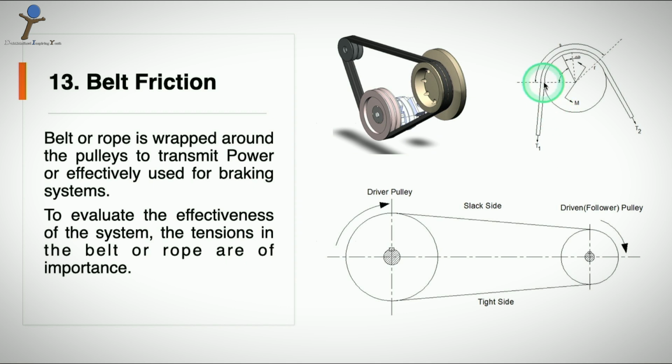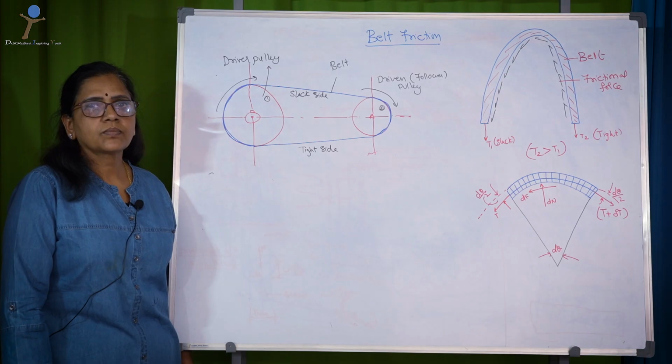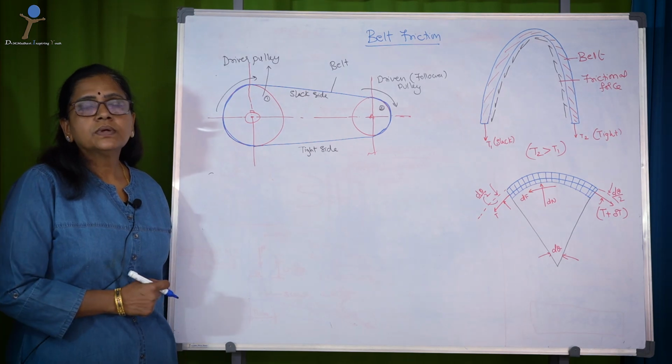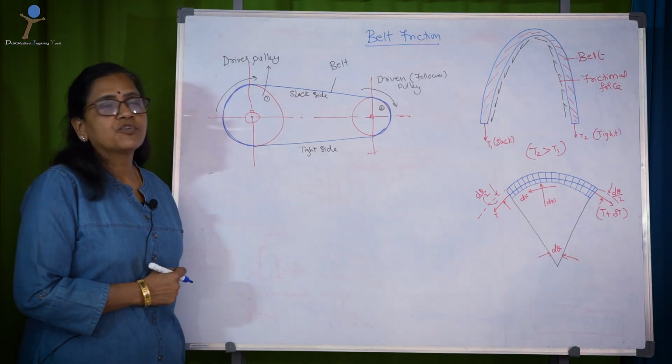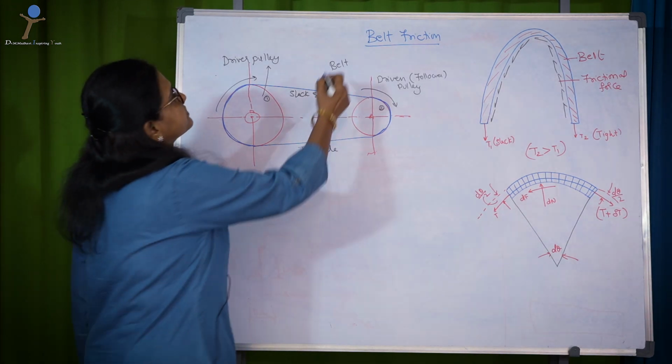Let the angle of the belt wrapped over the pulley be theta, and d theta is the small elemental segment of belt in contact with the pulley, and M is the rotational moment caused on the pulley. Now let us understand the mechanics of belt friction.